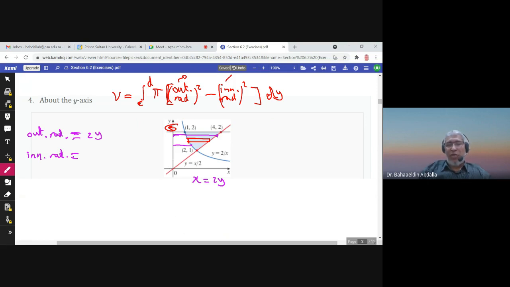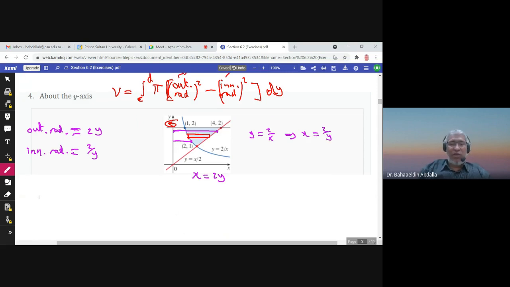Again, the coordinates of this point are x and y, so this distance is x, but it is x of this curve. And this curve is y equals 2 over x, so we can write x equals 2 over y. Interchange x and y, or multiply cross product. So this is the inner radius, 2 over y.